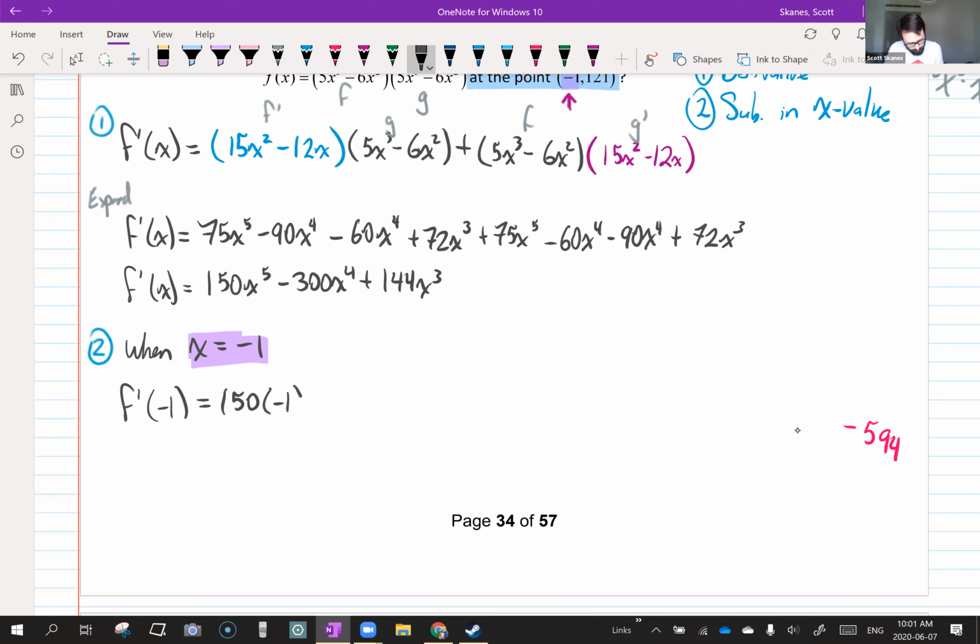Just be careful when you put it into your calculator, use brackets. Put in the negative 1, and it should work out okay. So try this yourself. See if you get negative 594. This is how I would go ahead and do this.